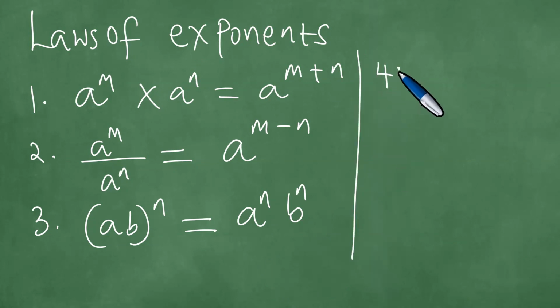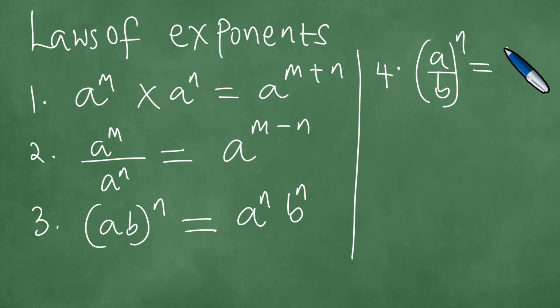Well done. Number 4. If you have (a over b) to the nth power, what is this equal to? a to the power n over b to the power n. Well done.